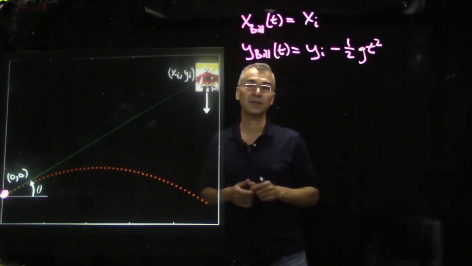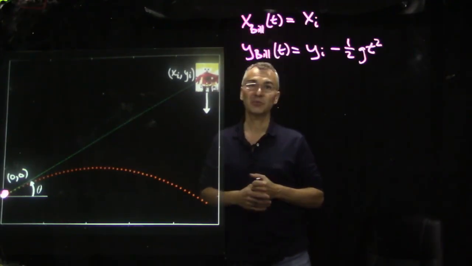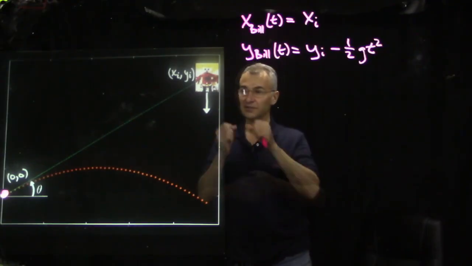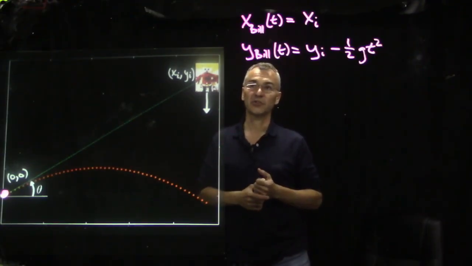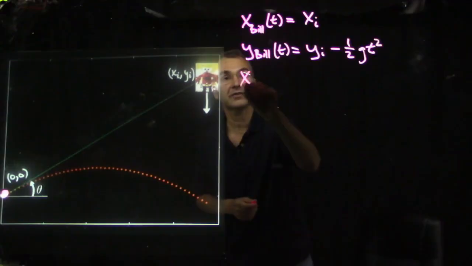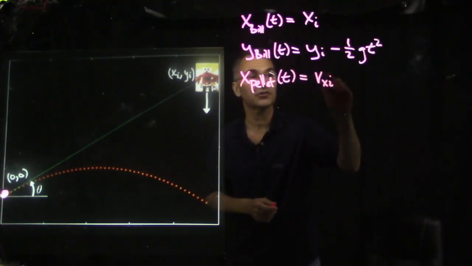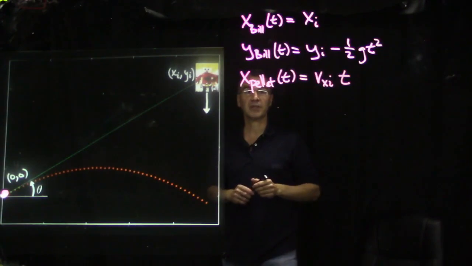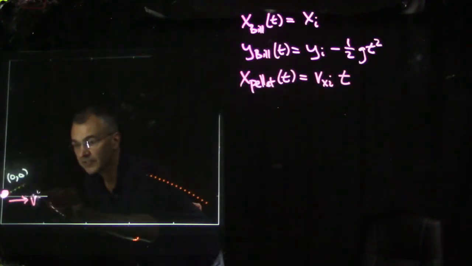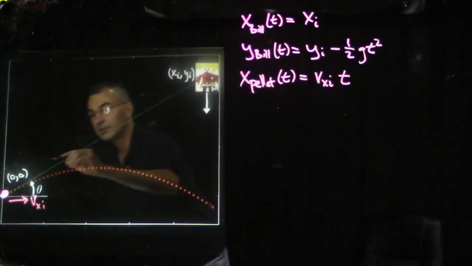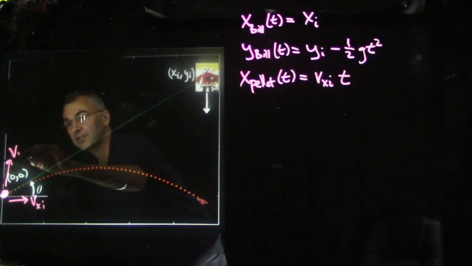Time 0 will be the same as the time that the pellet is released, because Mr. Bill is frightened when he notices the release of the pellet, and that causes him to lose his grasp on the tree. Meanwhile, x of the pellet versus time is vx initial times t. The pellet has some initial velocity, vx initial, and also some vertical velocity, vy initial.